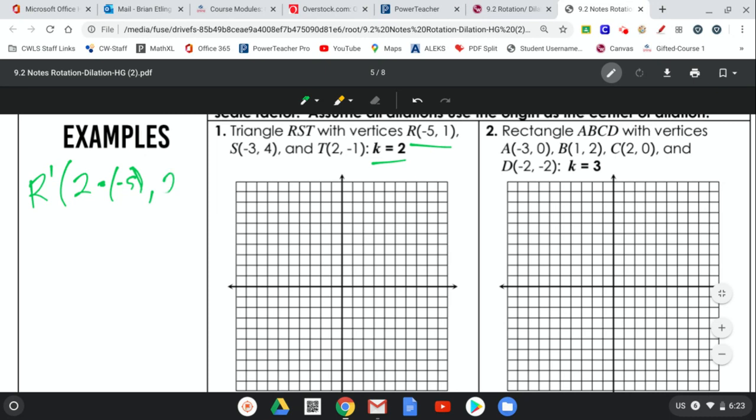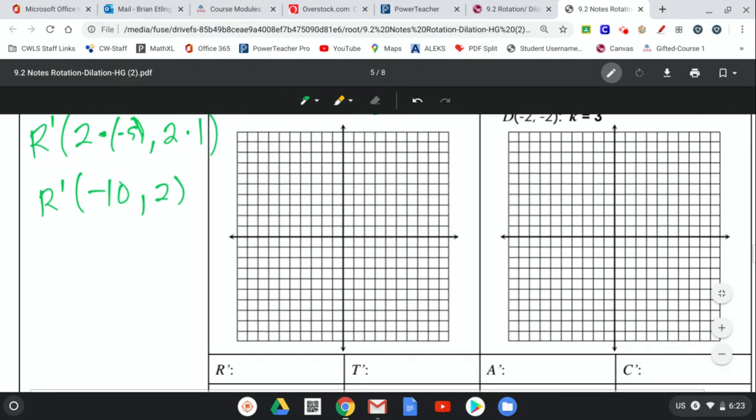And then 2 times 1. 2 times negative 5 gives us negative 10. 2 times 1 is 2. So our coordinate for R prime is (negative 10, 2). That's all we're doing here.